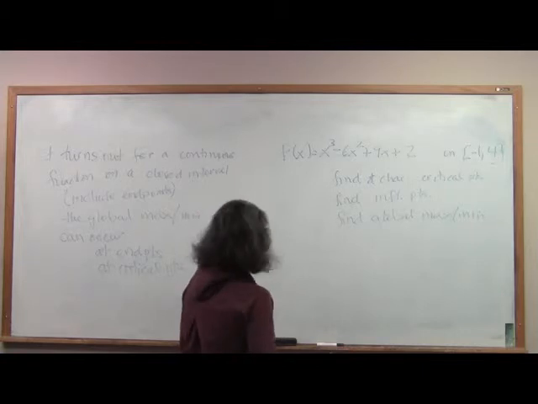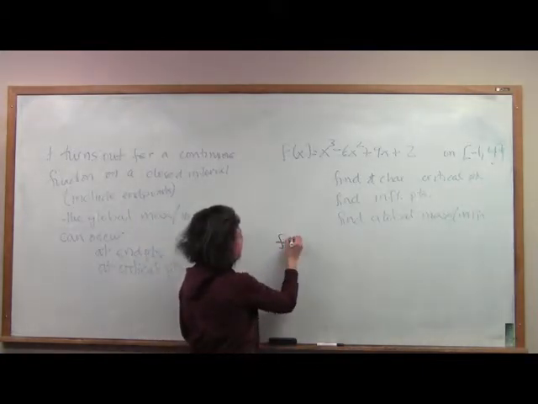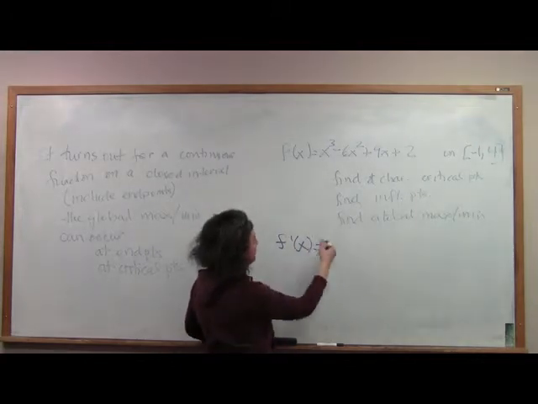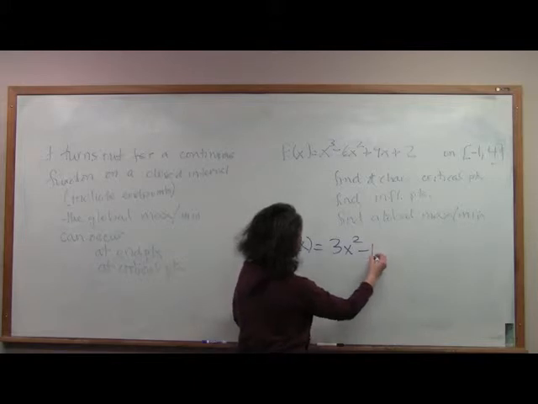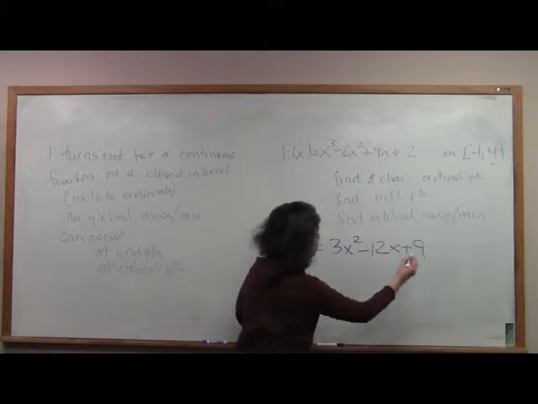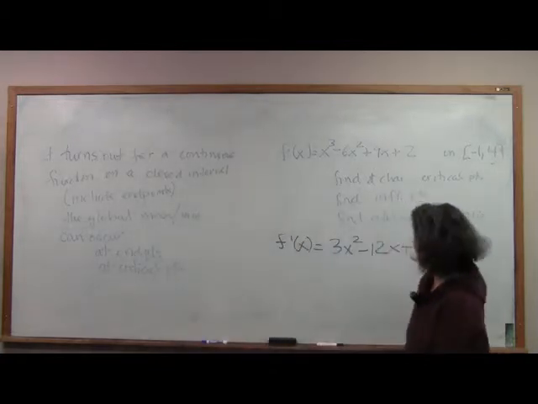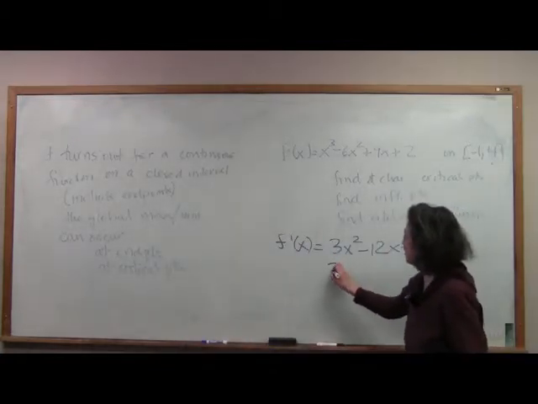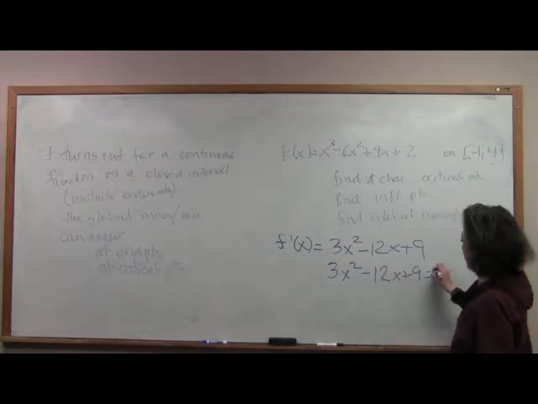Okay? So let's do this. Critical points: take your first derivative, set it equal to 0. What's our first derivative? 3x squared minus 12x plus 9. We can set this equal to 0 and solve. We have 3x squared minus 12x plus 9 equals 0.